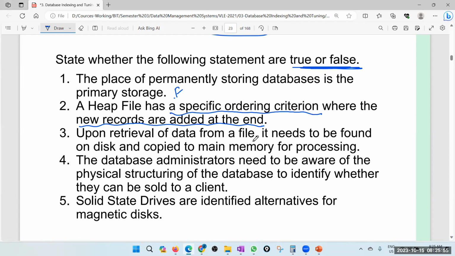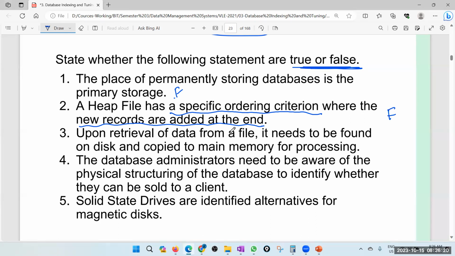No, there's no... I don't know whether adding to the last one is also ordering. This is a very confusing statement for me, but there's no specific ordering criterion. You just add to the end. So therefore, I will say false, but it's a very fuzzy sort of statement.